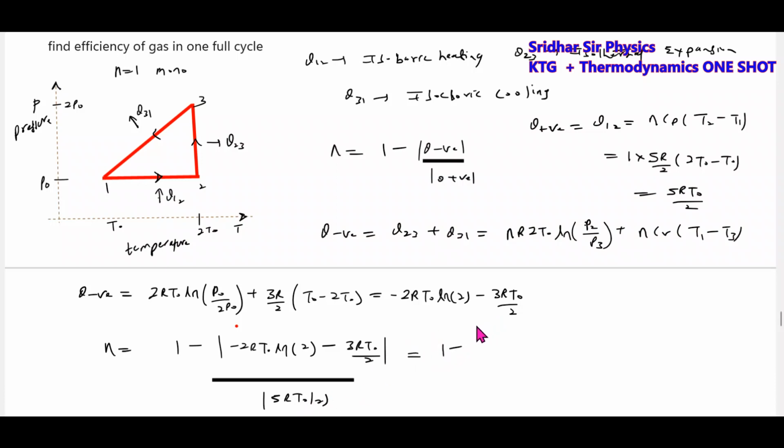Solving this, R also gets cancelled, so (2 log 2 plus 3 by 2) by 5 by 2. This is efficiency. Any process you can find out.